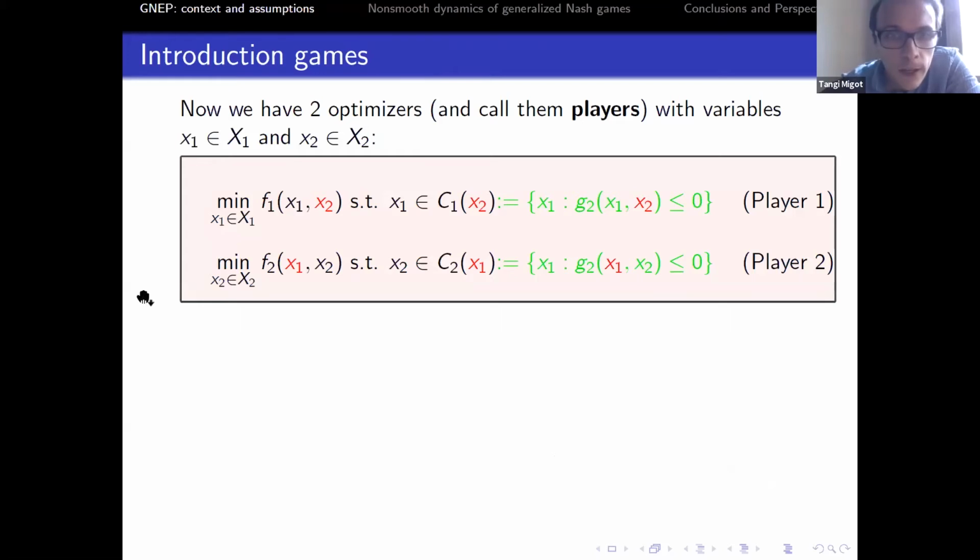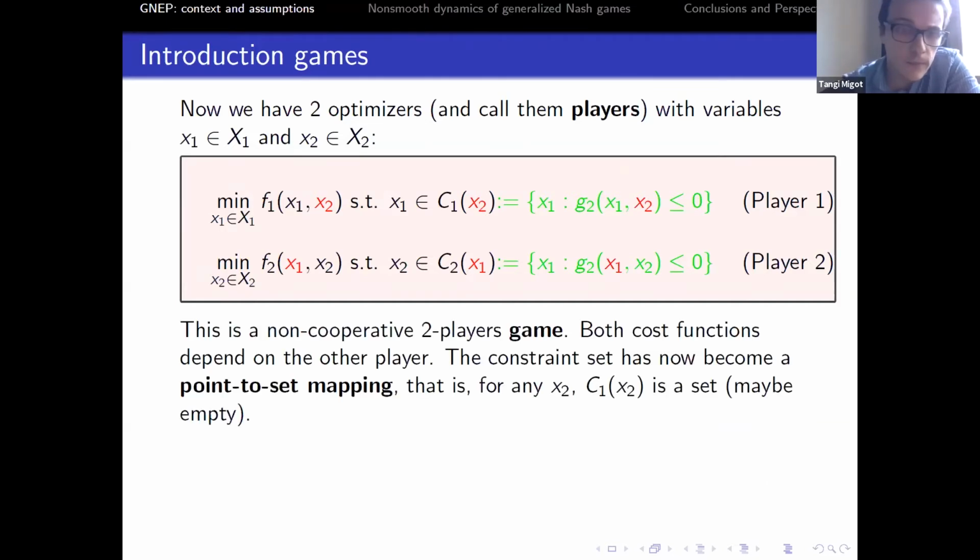And now I'm suggesting we look at a problem where we have 2 optimization problems at the same time. These 2 optimizers, we call them players, and each of them has a strategy, and each of them wants to minimize an optimization problem. And the funny thing is that the cost function and the constraint set of each player depends on the other's strategy.